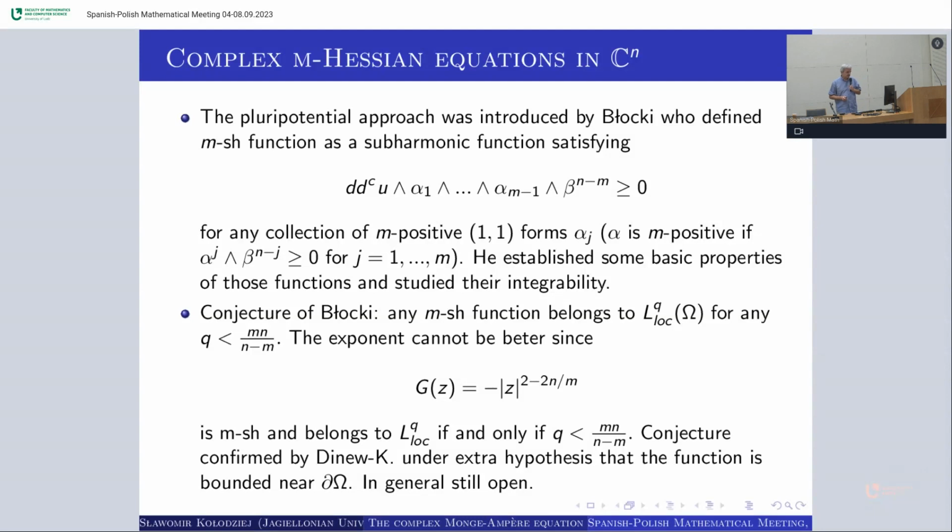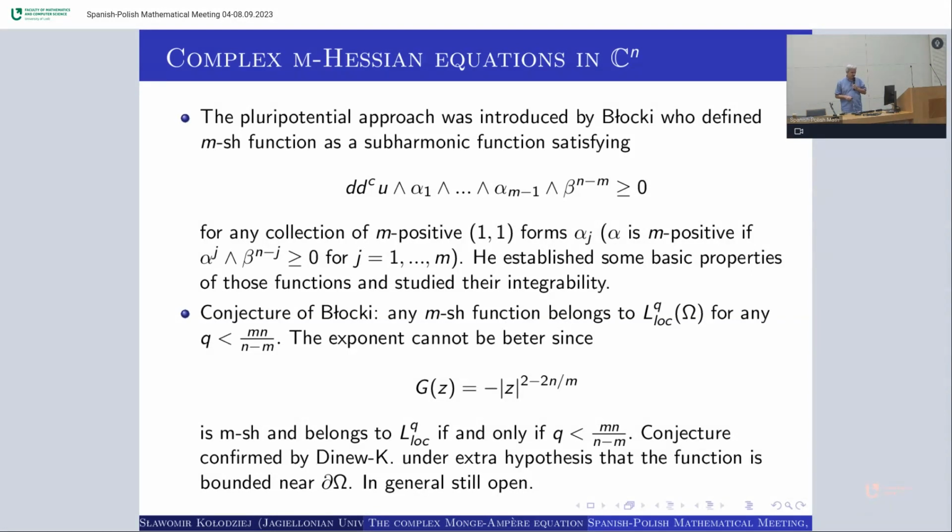And in his paper, Błocki in particular posed a conjecture, which is still open in general, about integrability of m-subharmonic functions. They should belong to Lq for any q smaller than m times n over n minus m. And this would be an optimal bound for q, since if we take this G here, which is the fundamental solution of the m-Hessian equation, then it belongs to Lq if and only if q is smaller than m times n over n minus m.